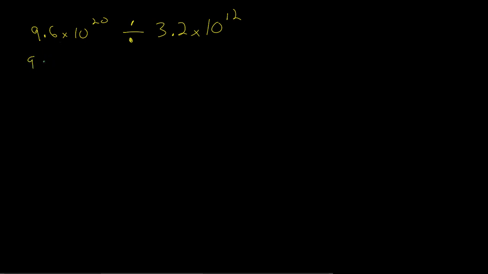Let's see if I can do this right. I'll just do it this way. I don't even have room for 10 to the 20th. Let's see. 10 to the 12th is a trillion. So the 15th is a quadrillion. 18th is a quintillion. So this is 960 quintillion.